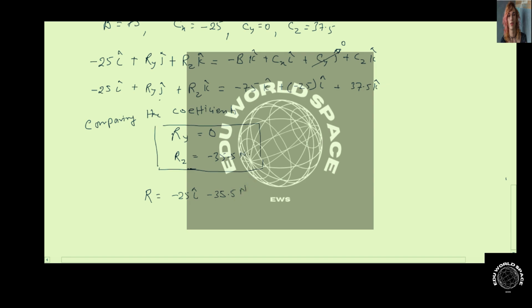If we observe this reaction force, we note that in the Z component they resist 37.5 Newton force, while the X direction is going to resist only 25 Newton force. So in the Z direction they resist more force. So we can say that when the slot in the head of the screw is vertical, it is going to be the best orientation, so that there will be the least slip.